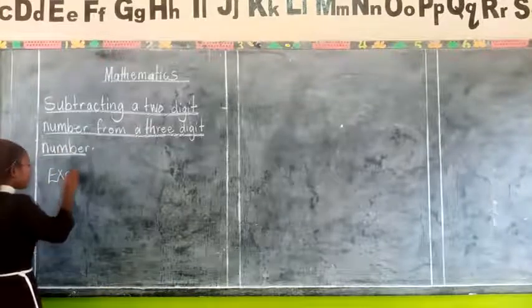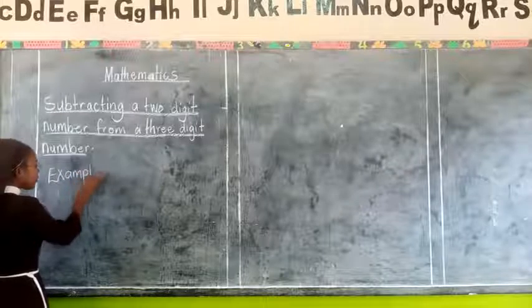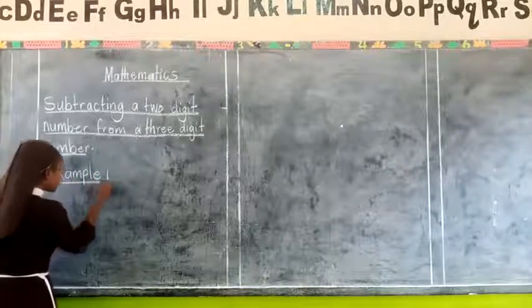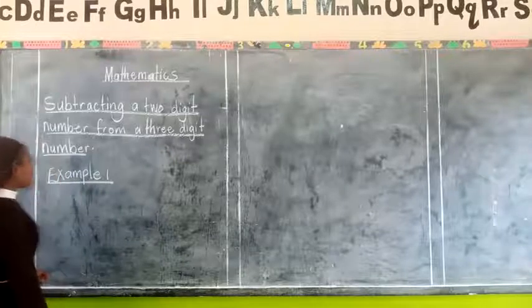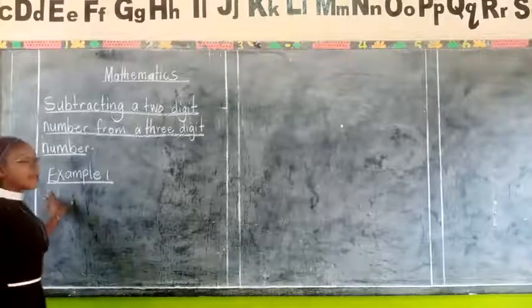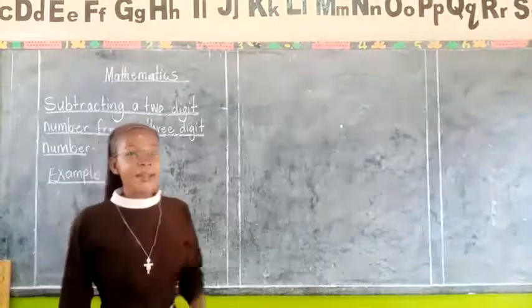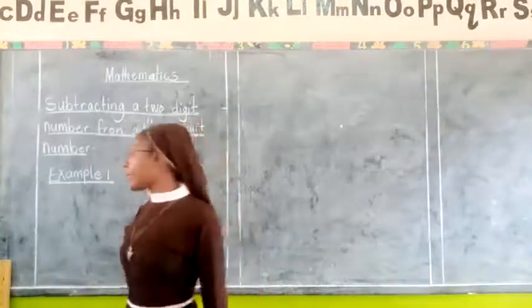Example number 1. We are going to be given a three-digit number from which we are going to subtract a two-digit number.